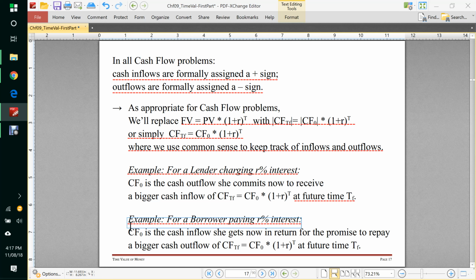Similarly, for a borrower paying R% interest, CF0 for her is the cash inflow she gets at t=0 in return for her promise to repay a bigger cash outflow at a future time t.